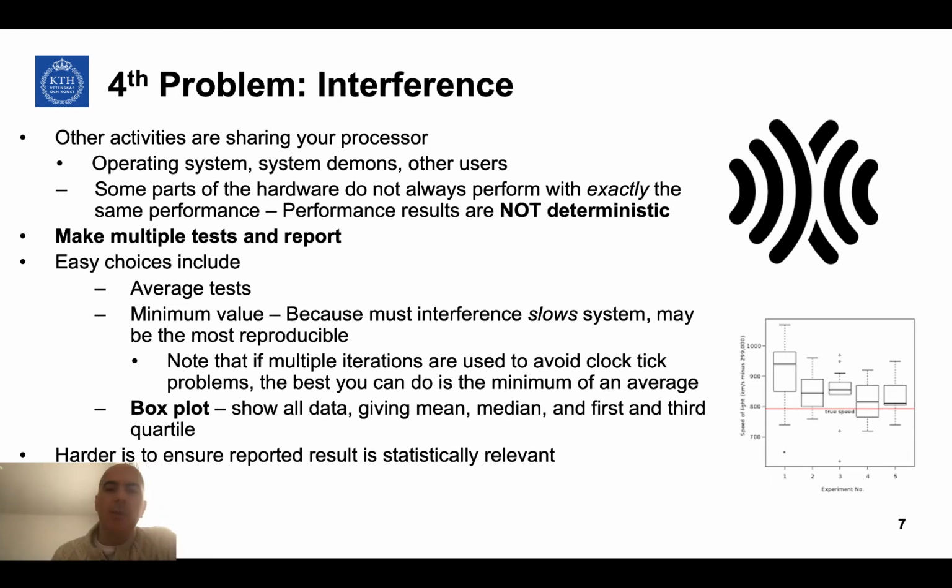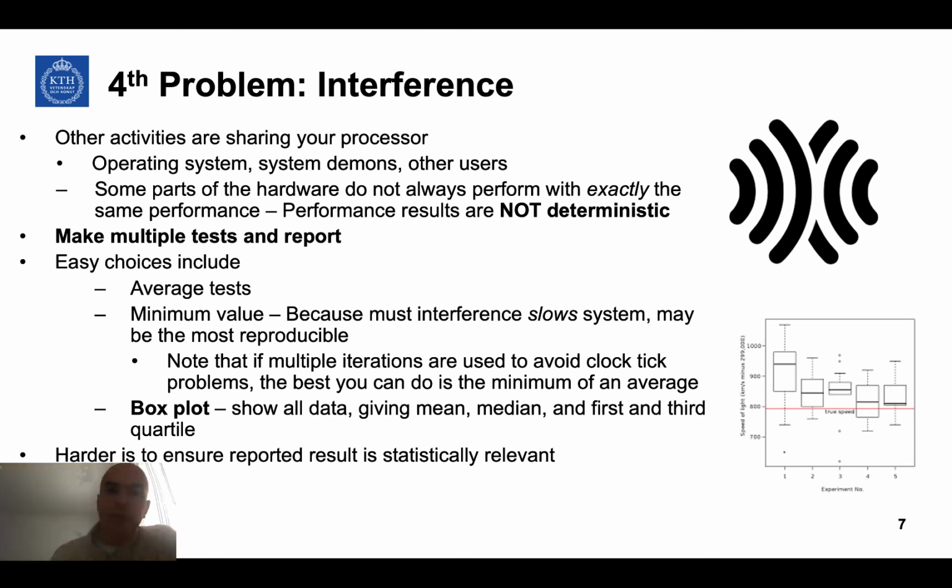A fourth major problem is the so-called interference problem. And this is due to the fact that other activities are sharing our processor while we are doing measurement. So it might be the operating system, system daemons, and other users all interfering while we are doing the measurement.